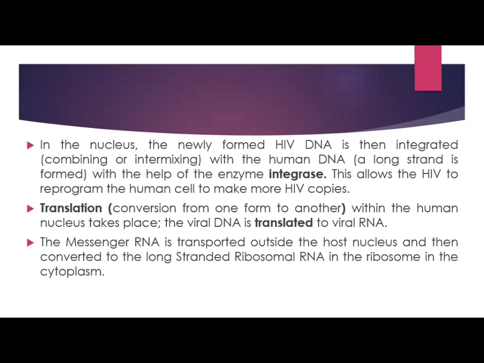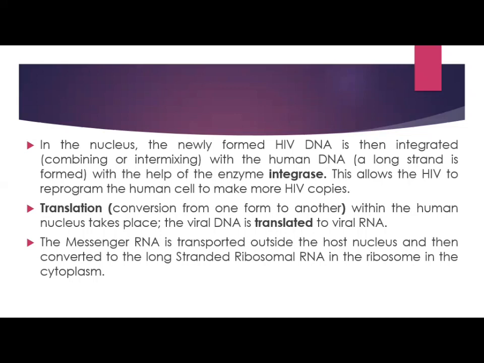So we're saying once the HIV genome, which is the HIV double-stranded DNA, enters the human nucleus, the cell nucleus, it is integrated with the human DNA and forms a long strand with the help of integrase.